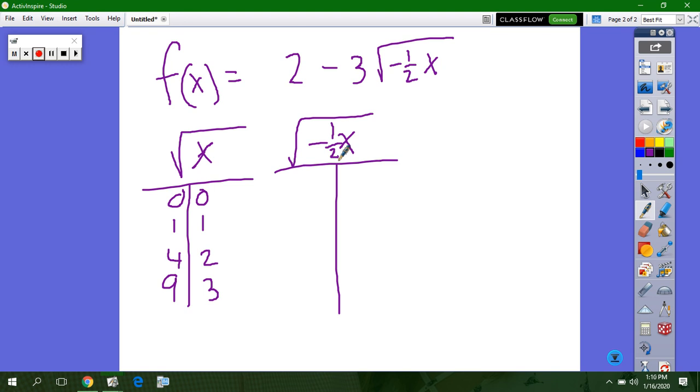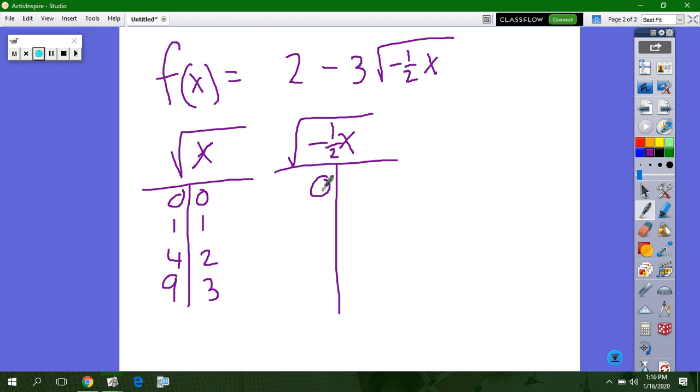Think about this. If I want 4 to be, because that's a perfect square root, what number am I going to have to use? So -8 would, because -8 times -1/2 gets me back to 4. Well, I'd have to double the number if I'm cutting it in half, right?